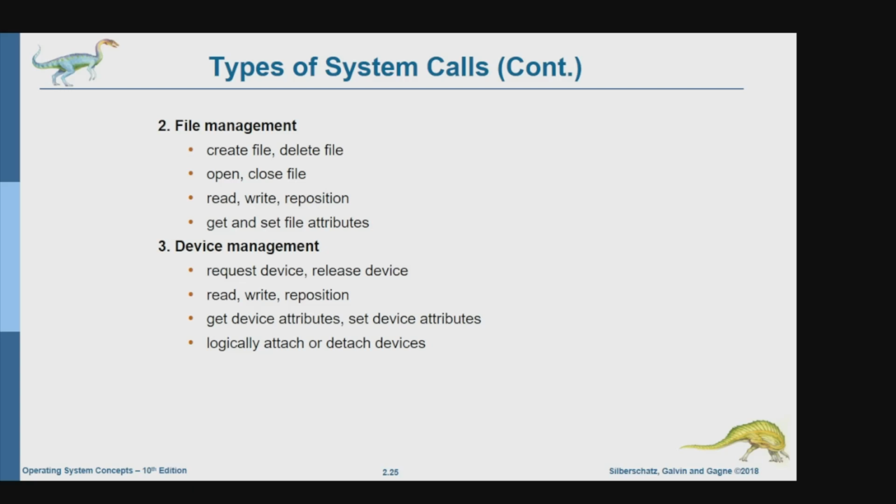You can go to My Computer, do the management part, and look at the device part. Then request and release the device, read, write, reposition, get and set device attributes, enable, disable the device, and logically attach or detach the device from the computer system.